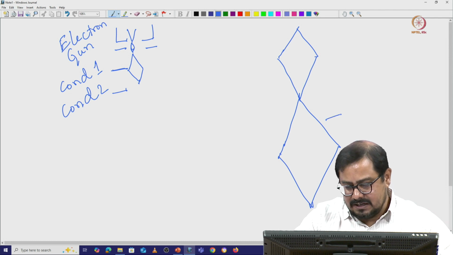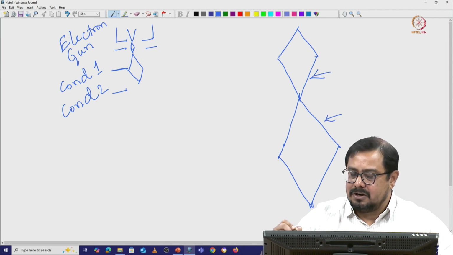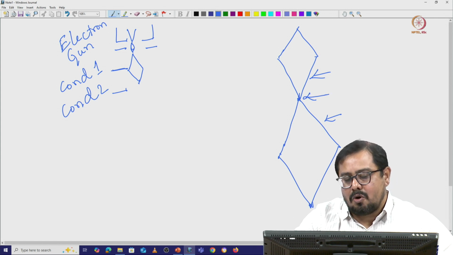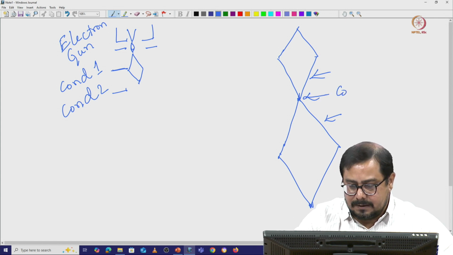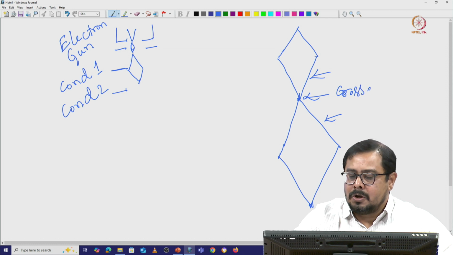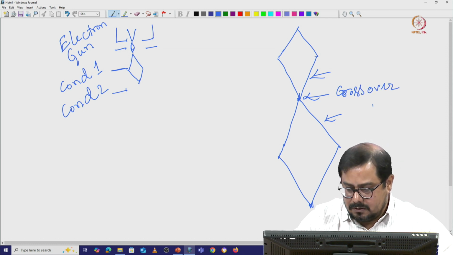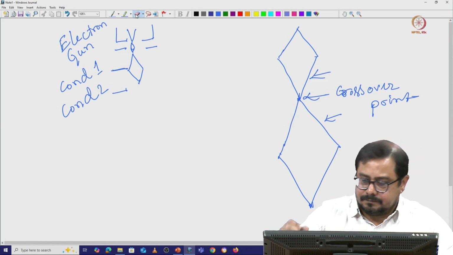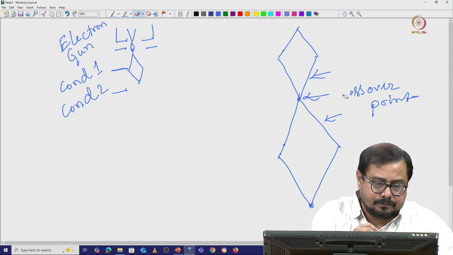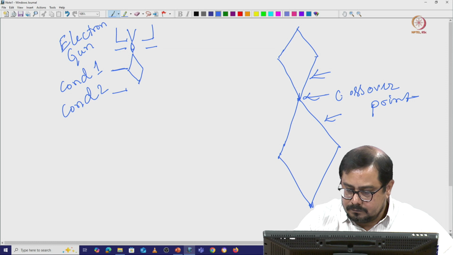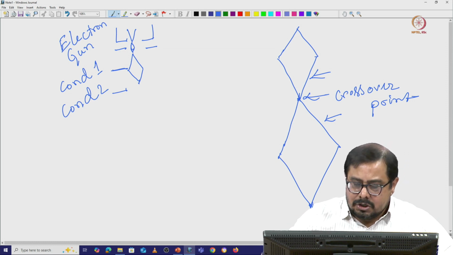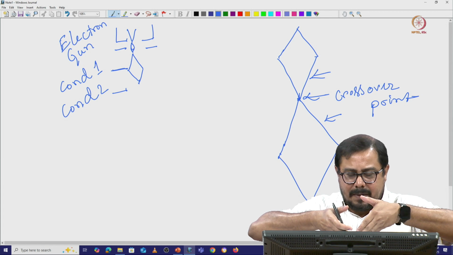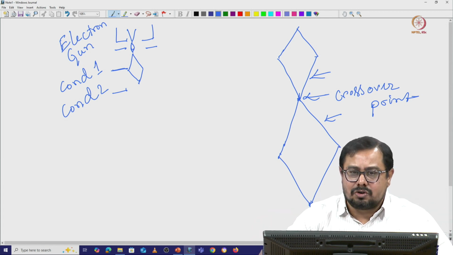This point is called the focus point, or the crossover point. Wherever the electron beam is converged to one particular point, we say this is a crossover point.